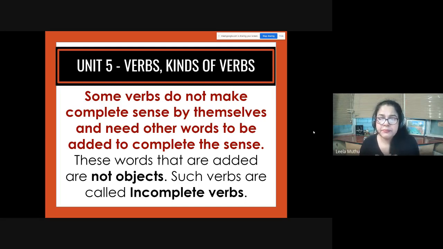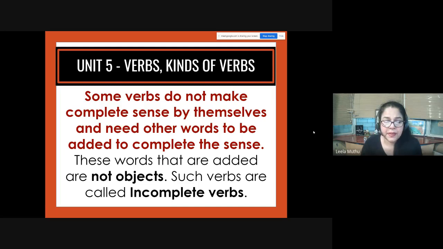So some verbs do not make complete sense by themselves and need other words to be added to complete their sense. Some sentences need a word added, without which it does not make any sense at all.